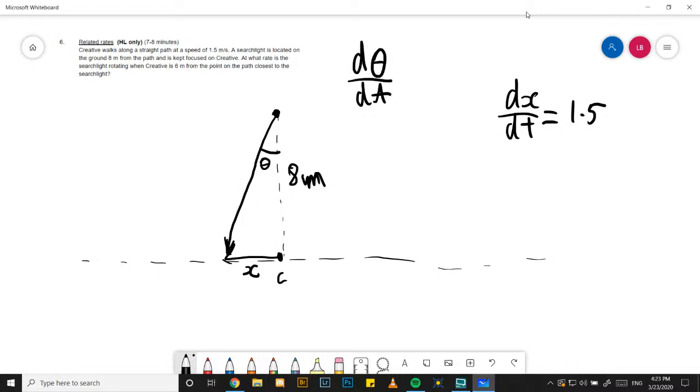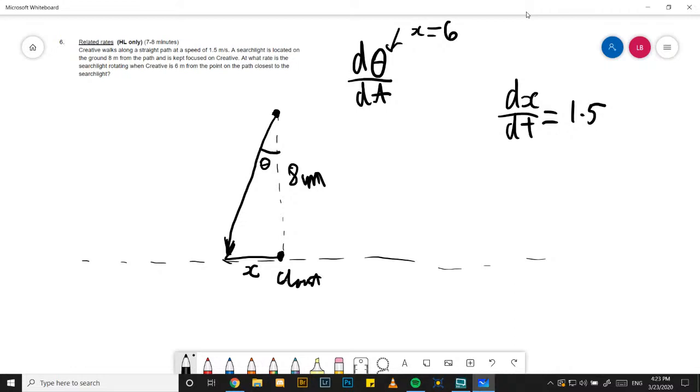The question is asking for the value of d theta dt when x is equal to 6, meaning 6 meters away from the closest point, which is 8 meters directly away from the flashlight. So we want to figure out d theta dt when x is 6, given that dx dt is 1.5.